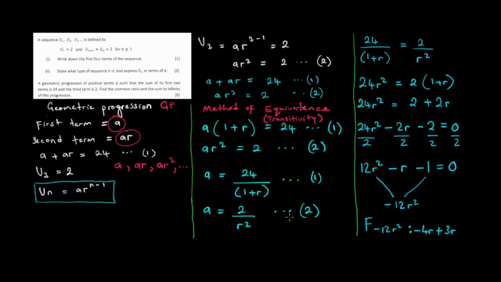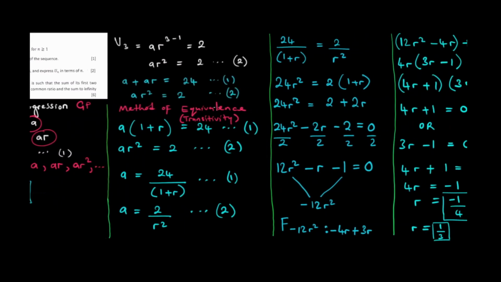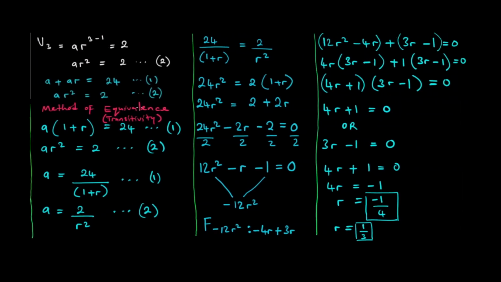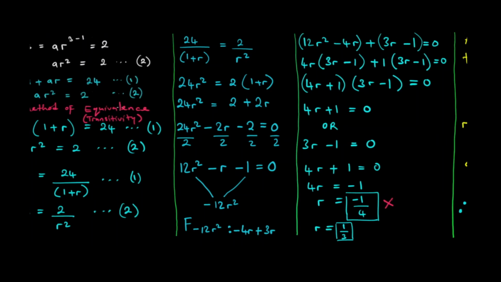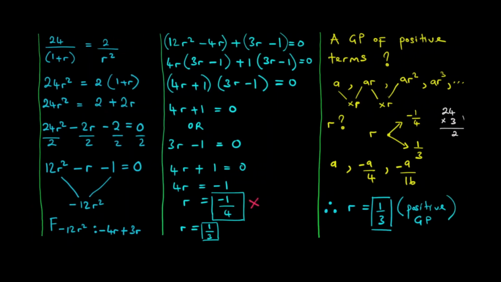After solving, we eventually get to this quadratic expression which we solve by way of factorization. It gives us two values of R. We have to make a decision. We cannot take a negative value of R because the GP has to be positive.